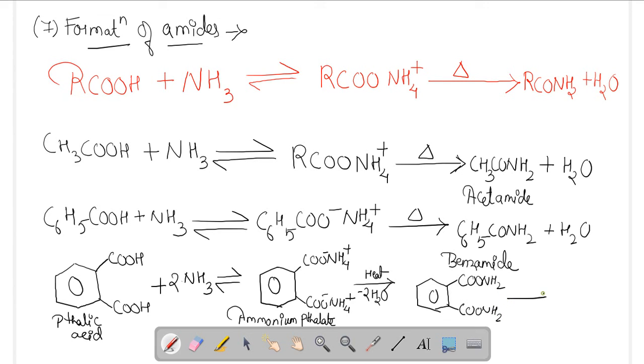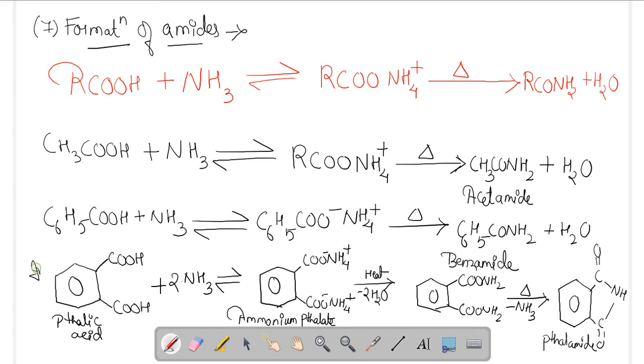On strong heating, ammonia will also be removed, and the formation of C double bond O NH, C double bond O NH, that is phthalimide, will take place. Phthalimide will take place.